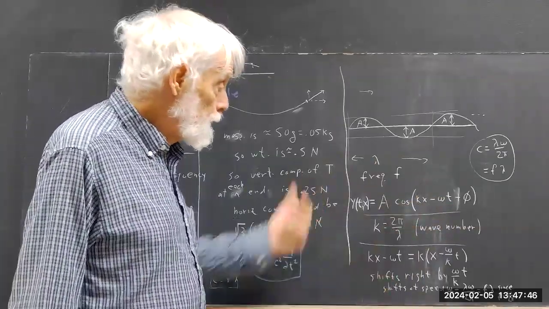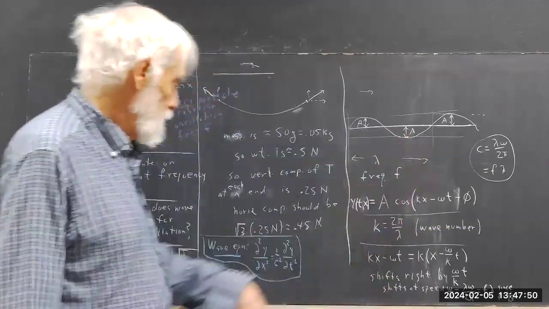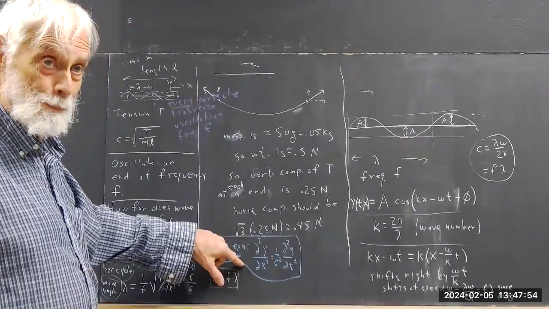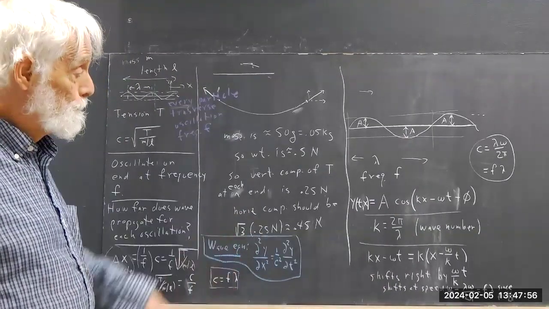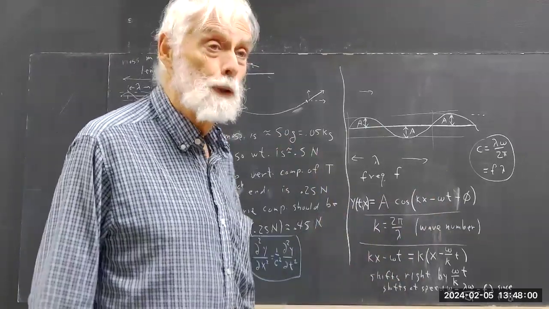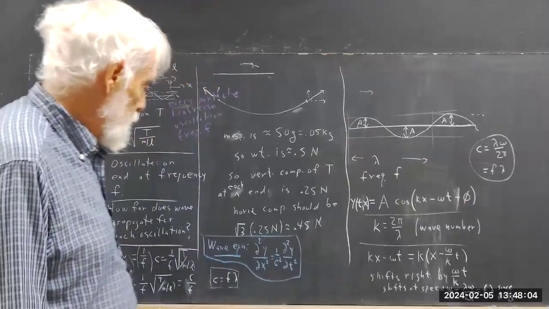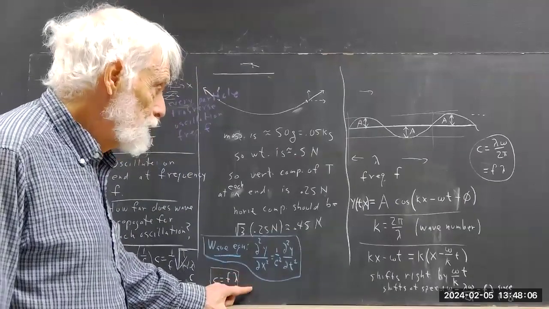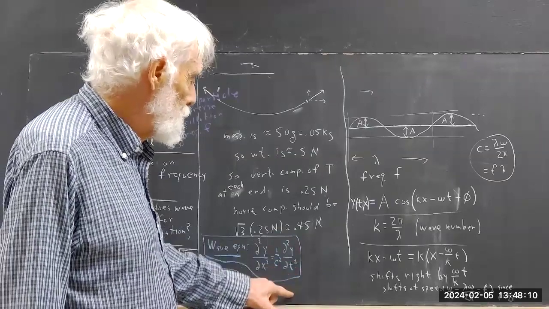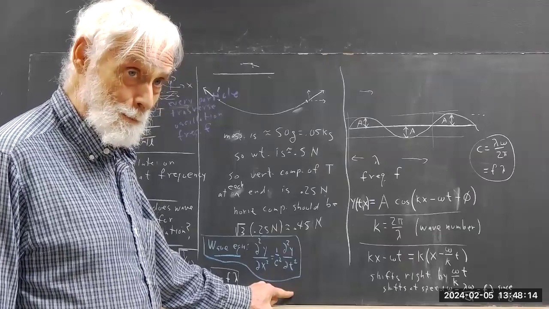So you get a negative k squared times your y function. Now do it with respect to t. You get a negative omega squared times your y function.